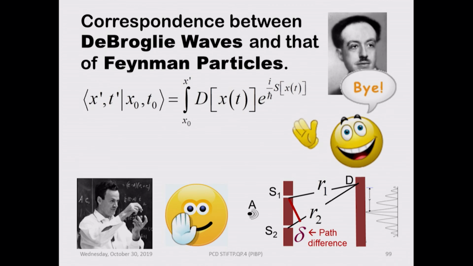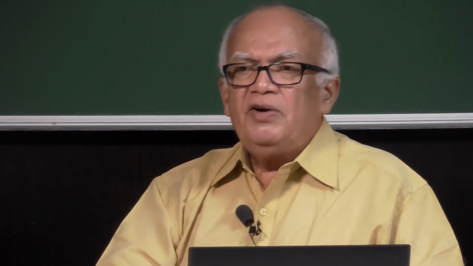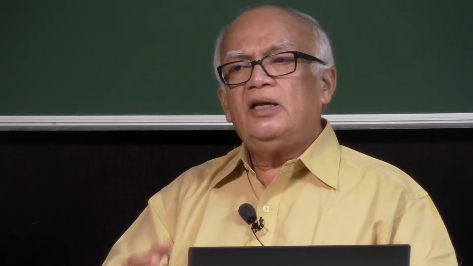I will stop here for this class with the conclusion that we have a comfortable correspondence between the de Broglie waves, not the de Broglie waves as such, but the conclusions from the de Broglie waves. What is the conclusion? That you have an interference pattern, that waves arrive either in phase or out of phase, and depending on how they arrive, this is the phase of the wave, the de Broglie wave.